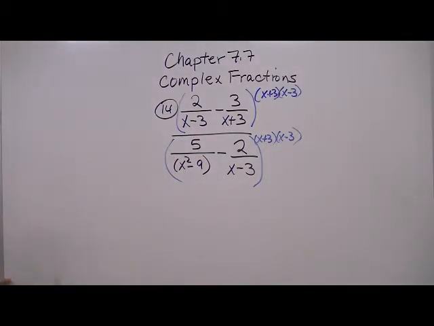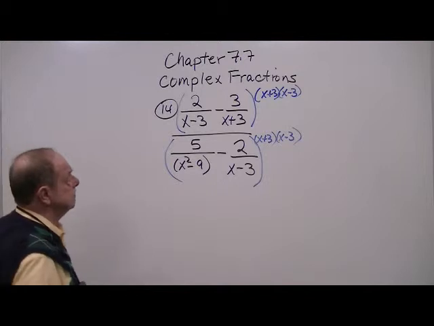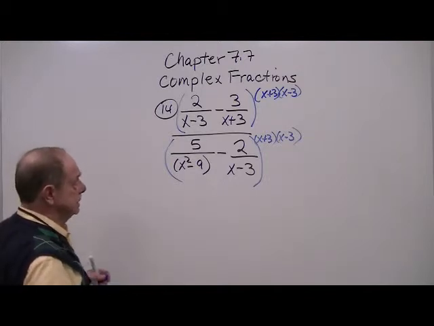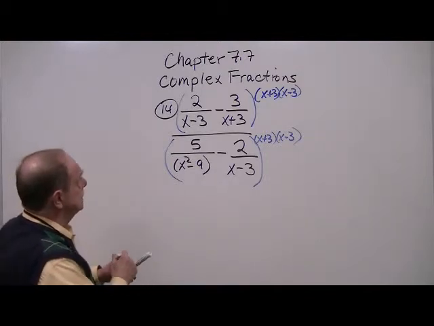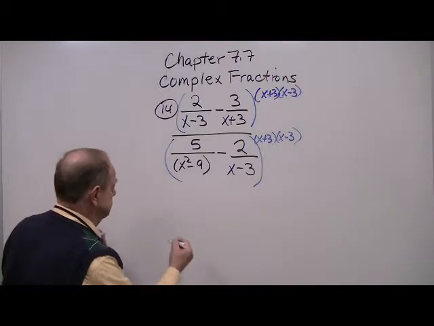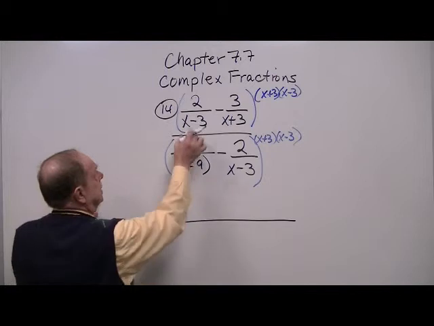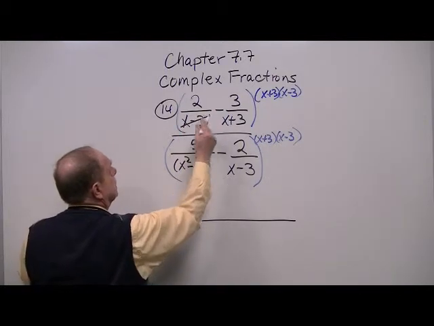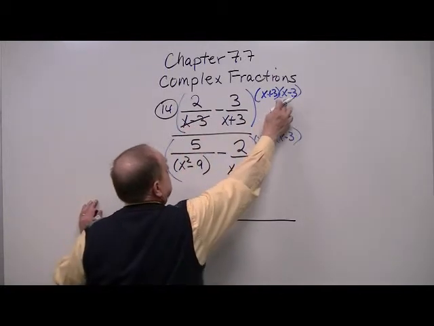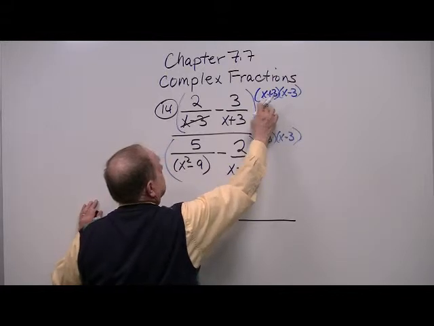Probably should have had this over here, give me a little more room. But let's see what we get. In fact, what I'll do is I'll put it underneath here. So here, this one will cancel with this one, so I'm left with this.